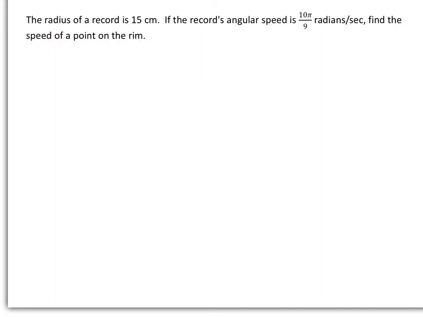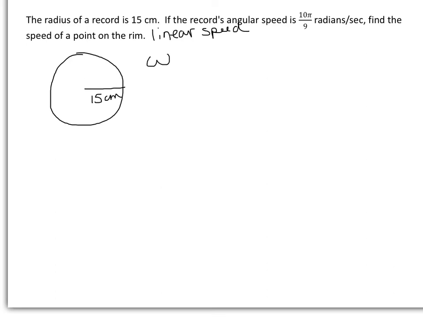What it's telling you is linear speed. That's what that means. So I'll start by drawing my record, and knowing that it is 15 centimeters. Omega, the angular speed, is 10 pi over 9.